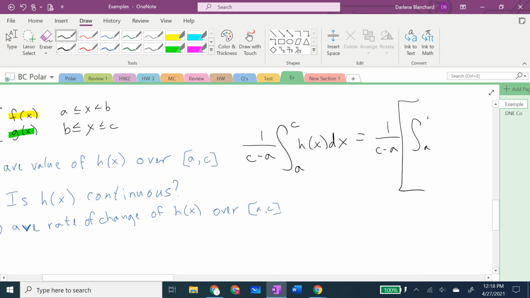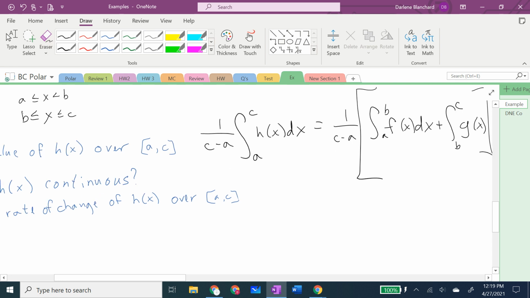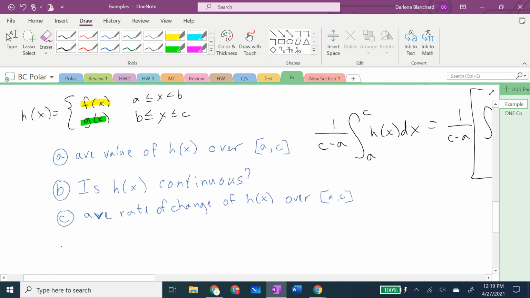So from a to b, I follow f, and then I follow g from b to c. This is as far as I'm going with this generic version. From there, you may have to actually go through integration processes or look for area under curves, something of that nature.